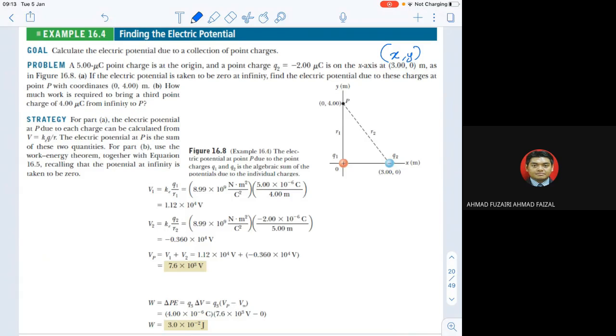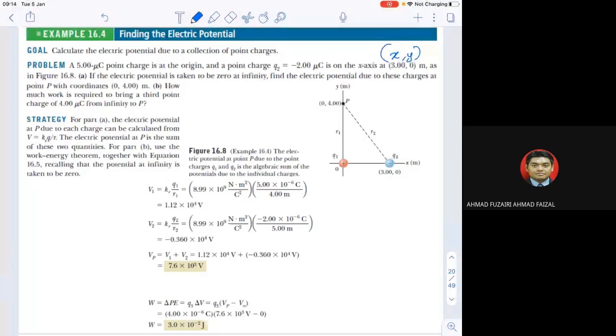If the electric potential is taken to be 0 at infinity, they always tell you about this. The electric potential will definitely be 0 at infinity, because we consider that at infinity everything is undetermined.